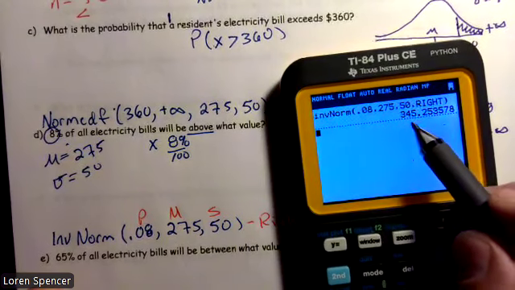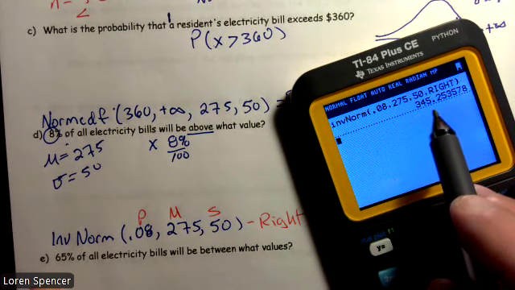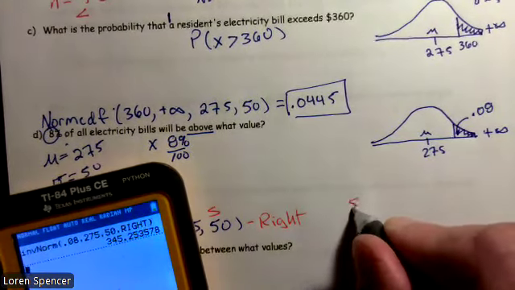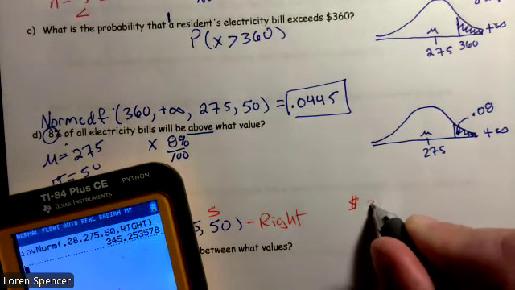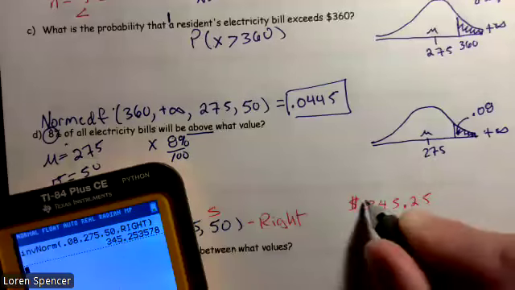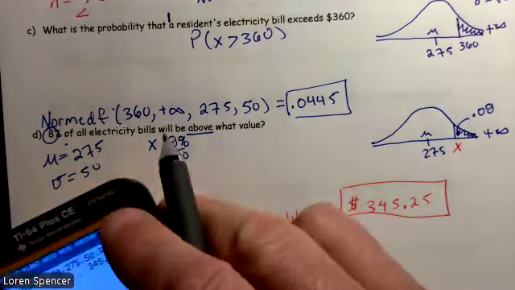So we're not looking for a probability, we're looking for an actual value, and our actual value is 345.2535. So the actual value is $345.25 because we were looking for the X there.